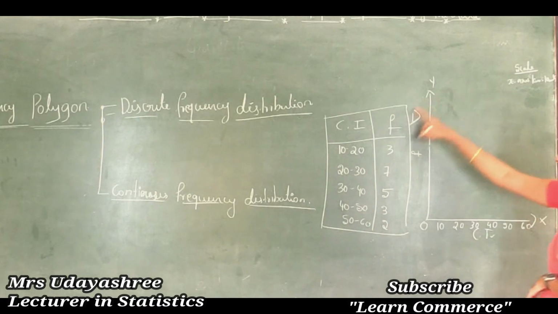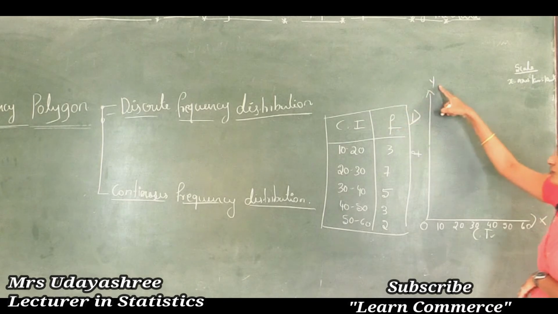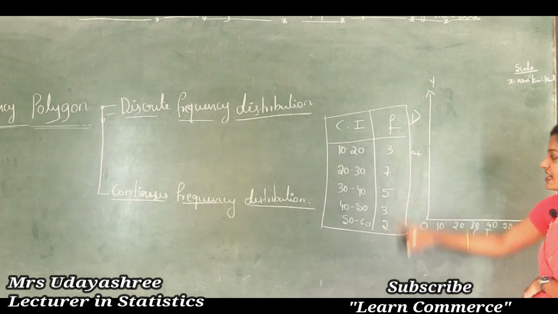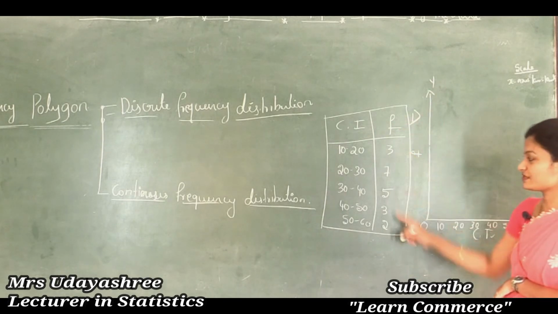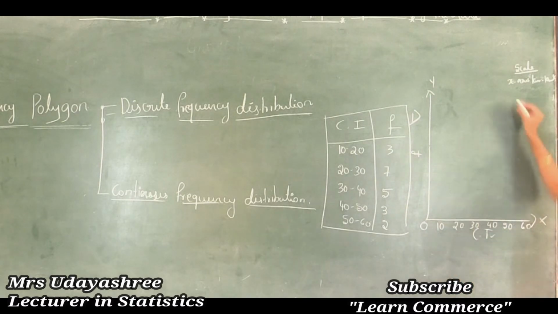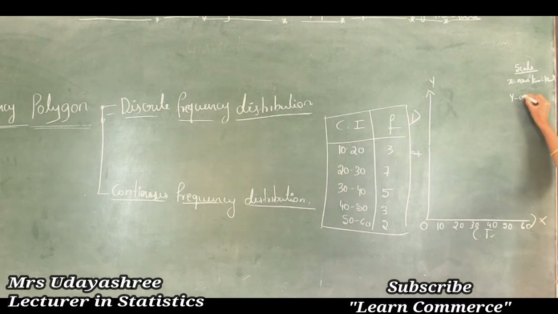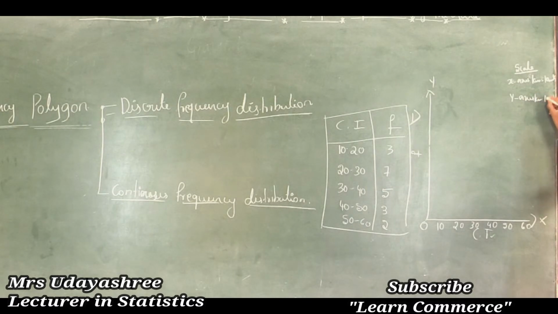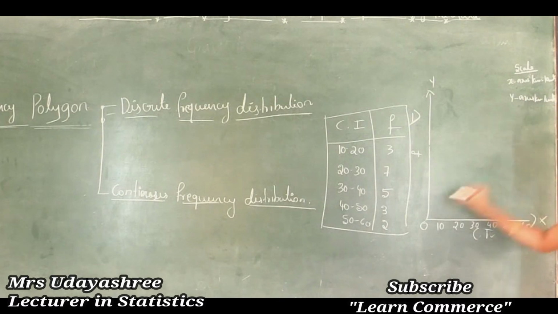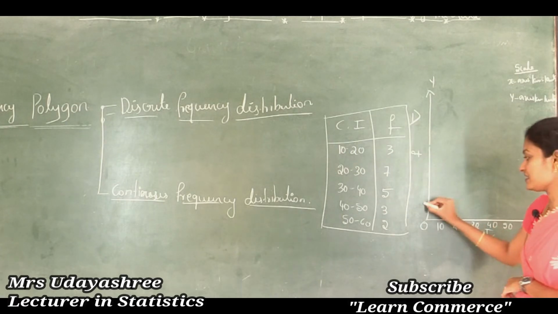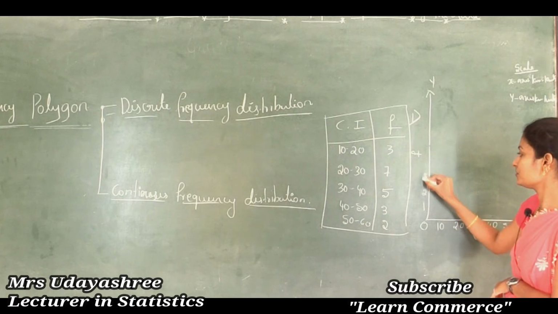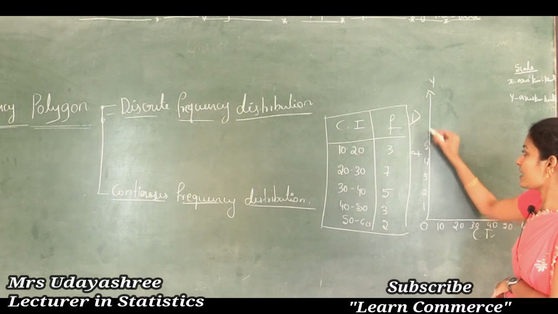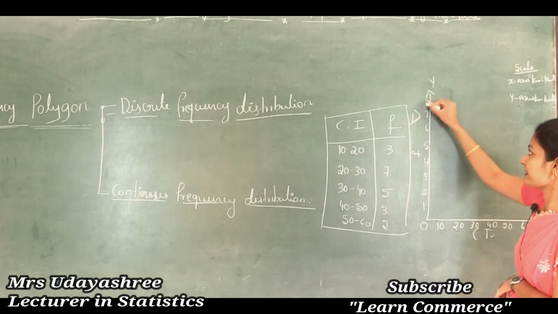Next, the frequency along the y-axis; given the frequency observations, the suitable scale for y-axis is 1 centimeter equals 1 unit. So origin is 0, next is 1, 2, 3, 4, 5, 6, 7 and 8.